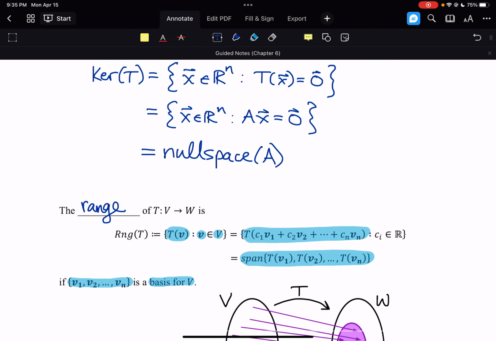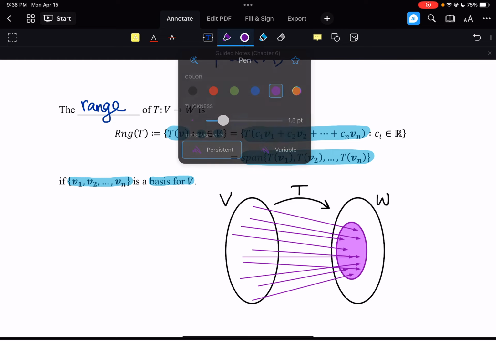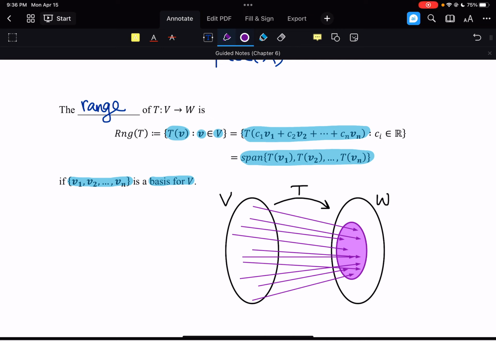So, I have my diagram here for us to take a look at. Basically, the range of a transformation is going to be the set of vectors that everything in the input vector space transforms to.